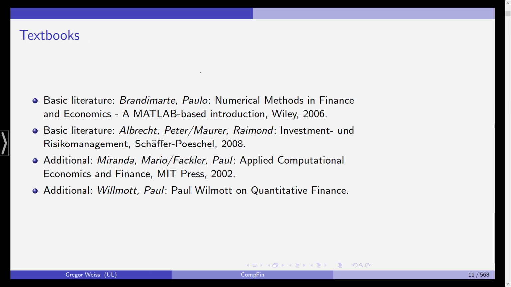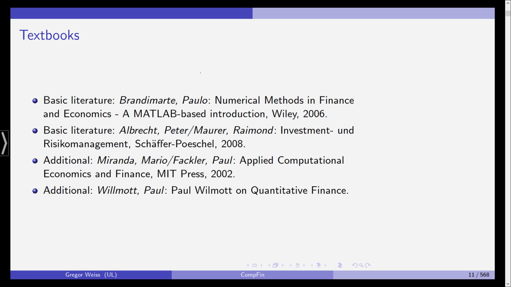Okay. Now we have a number of textbooks that can be used in addition to the slides. The first disclaimer I have to give you is that you don't need any of these textbooks. The set of slides is enough to pass the exam. Everything should be on the slides.